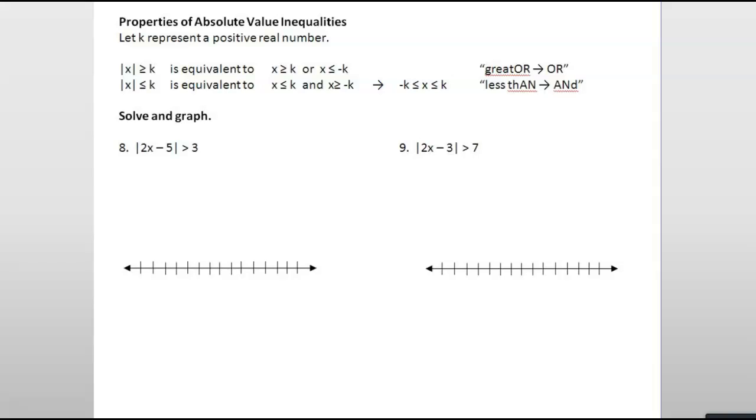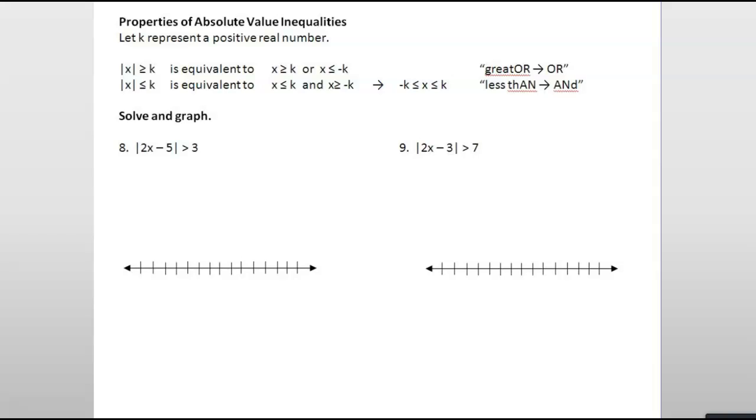So here in example number 8, because today is a continuation of the other day, we have the absolute value of 2x minus 5 is greater than 3.